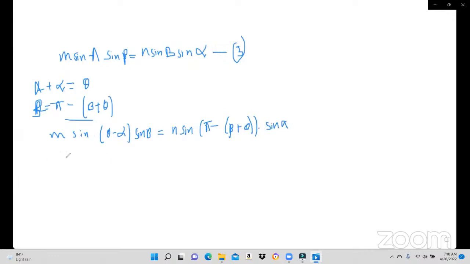Now we'll simplify this further. The sine of theta minus alpha is like the sine A minus B formula, so we'll write that as well.